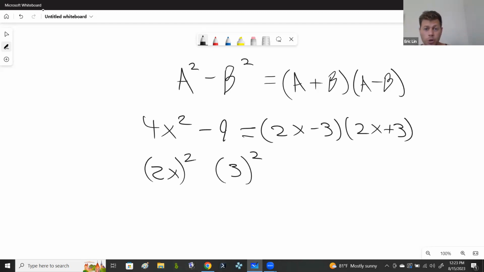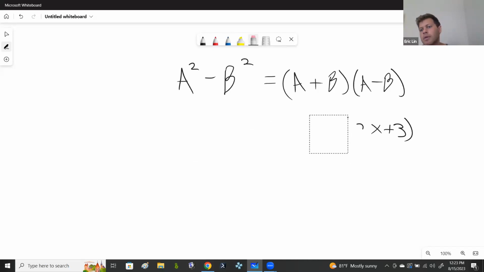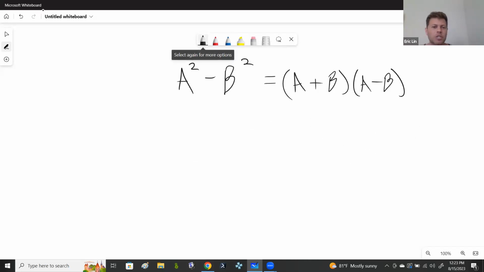So that can also happen as well, where your pieces are a little more complex than just a variable or a number. It could potentially be both. You could have a situation where each piece has its own variable.